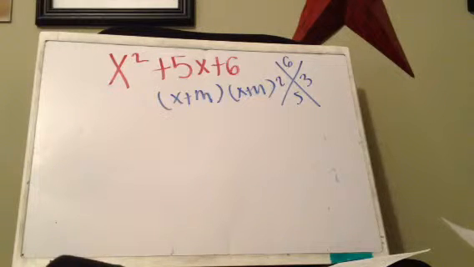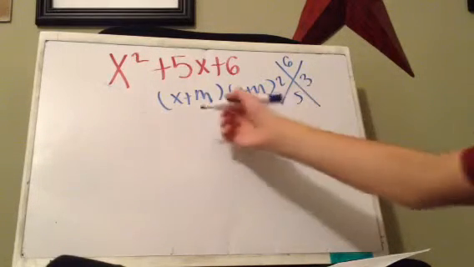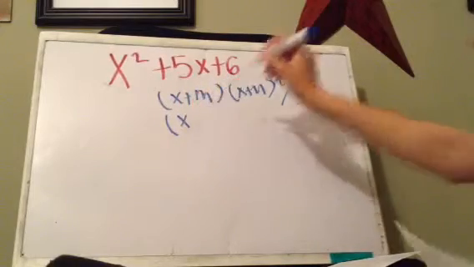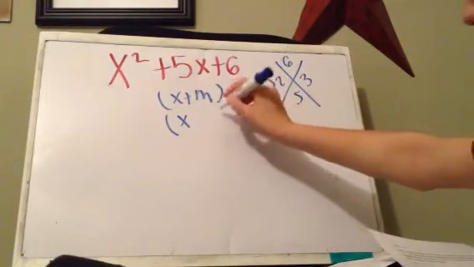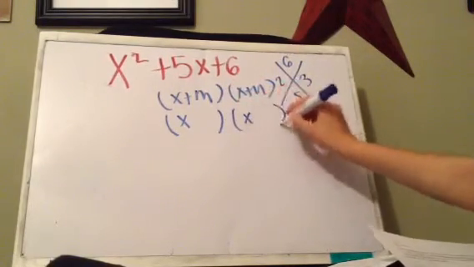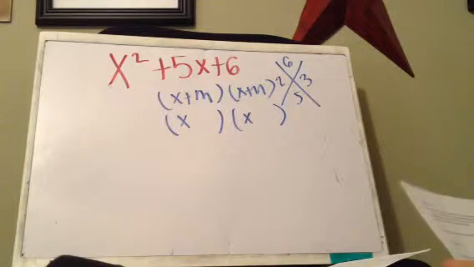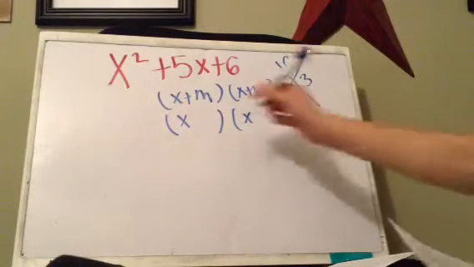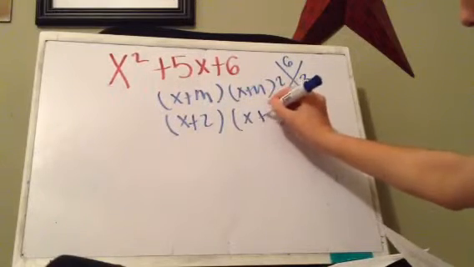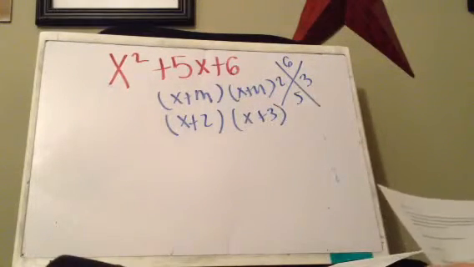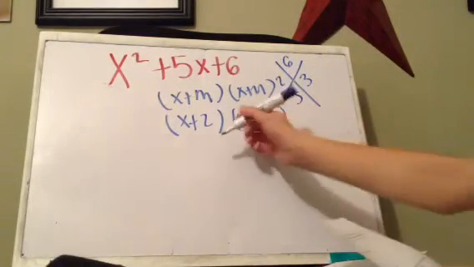So I'll draw my parentheses with an x in front of each just so it's easier. So x and x. And then I'll write the two numbers that I found above. So plus 2 and plus 3. And this is the answer.